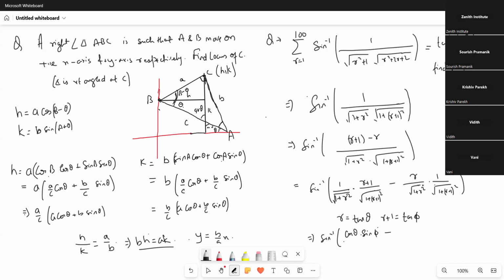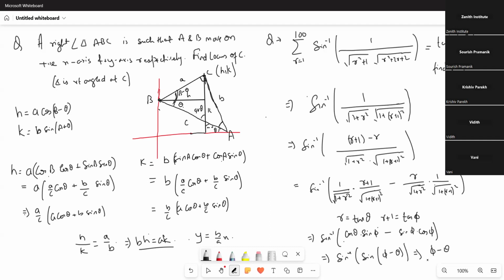The minus term becomes sec phi tan theta by sec theta, which is sin theta, into 1 by sec phi, which is cos phi. Is anyone clear with this part? But then this can be written as sin inverse of sin of phi minus theta, so basically phi minus theta.